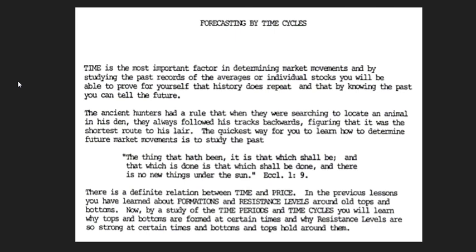The quickest way for you to learn how to determine the future market movement is to study the past. The thing that hath been, it is that which shall be. And that which is done is that which shall be done. There is no new thing under the sun.